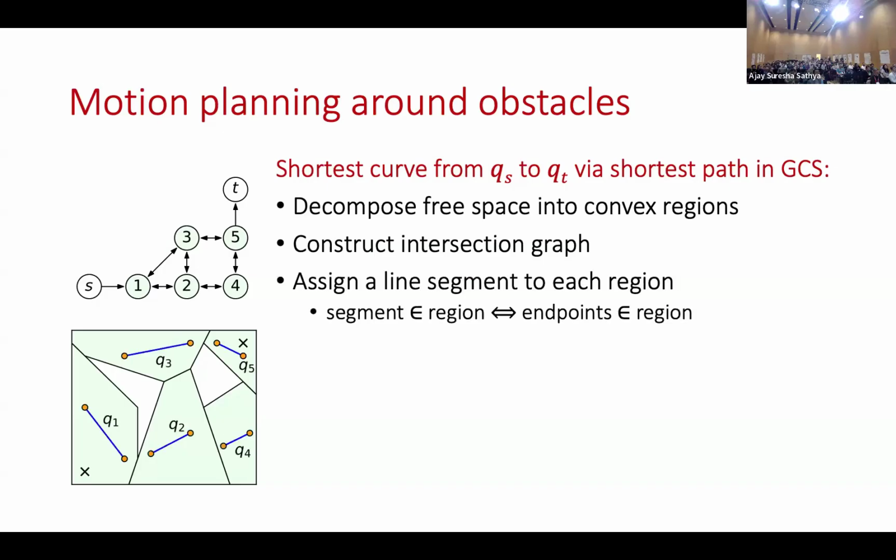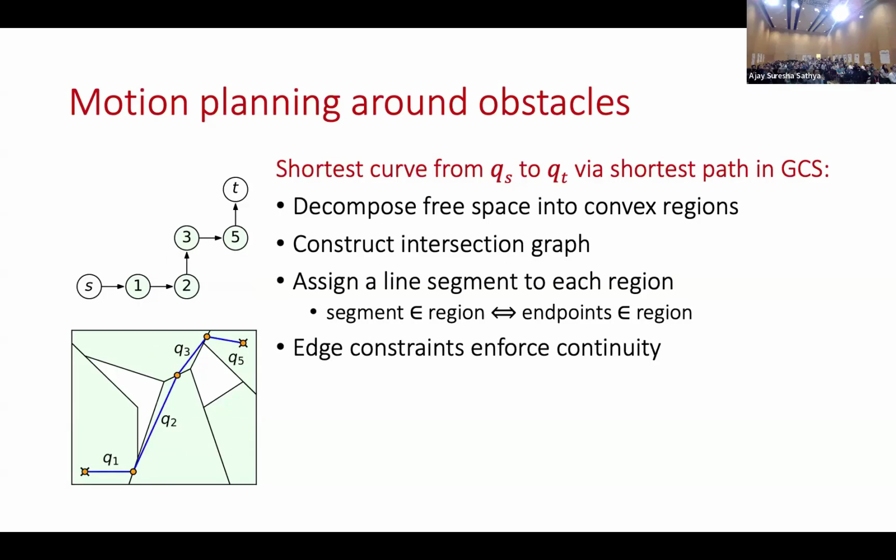Then we can parameterize a trajectory within each convex set with 2 points, the initial and the final point of the trajectory. We can enforce on the edges of our graph of convex sets the constraint that if you move from one convex set to the next, then the final point of the first piece of trajectory needs to be equal to the first point of the second piece of trajectory.